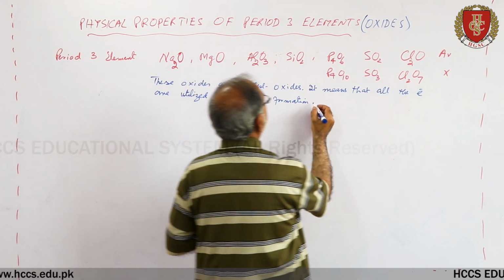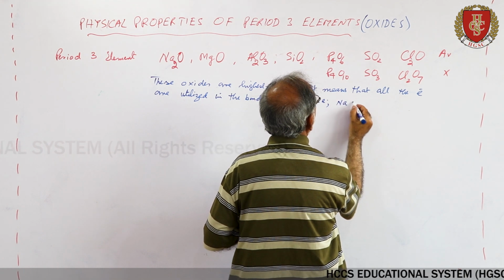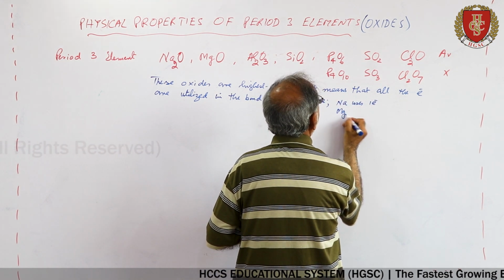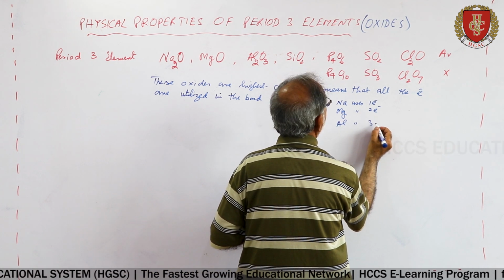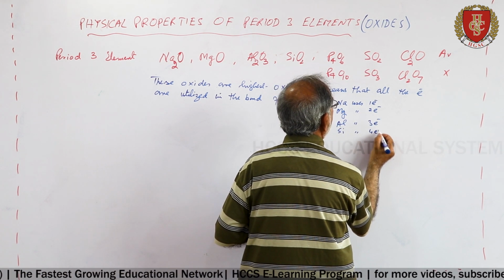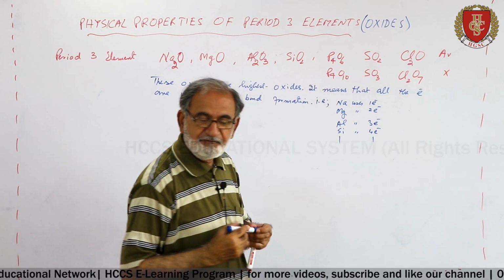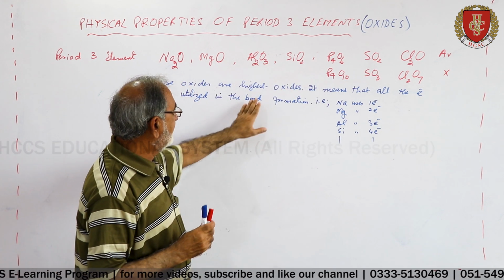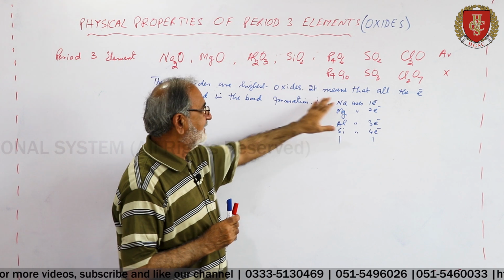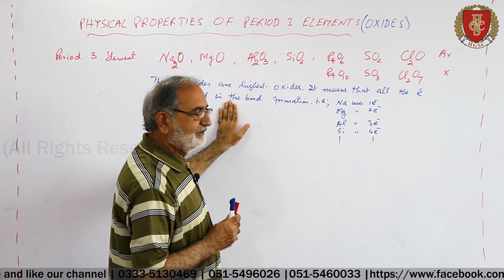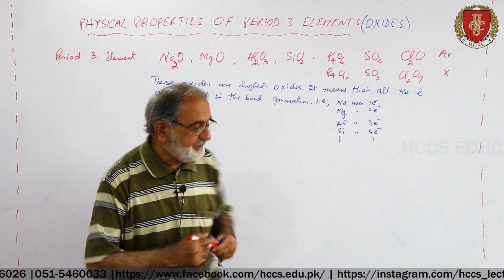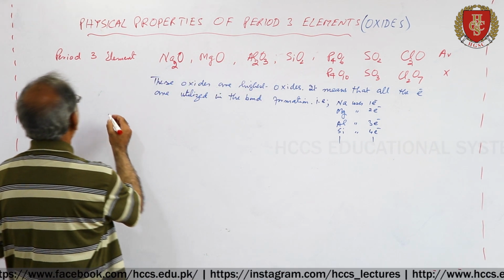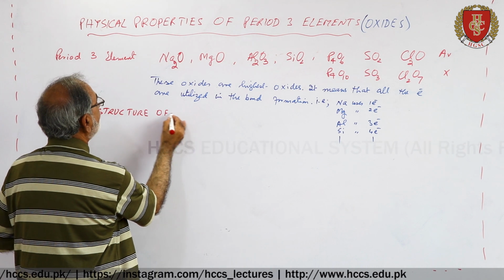For example, sodium uses 1 electron, magnesium uses 2 electrons, aluminium 3 electrons, silicon 4 electrons and so on. So in fact these oxides are the highest oxides in the way that all the electrons are utilized in the bond formation. Now we describe the structure of oxides.